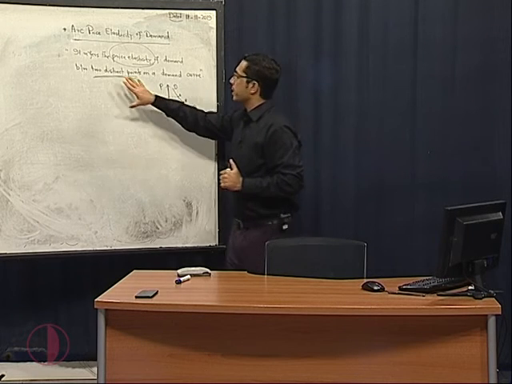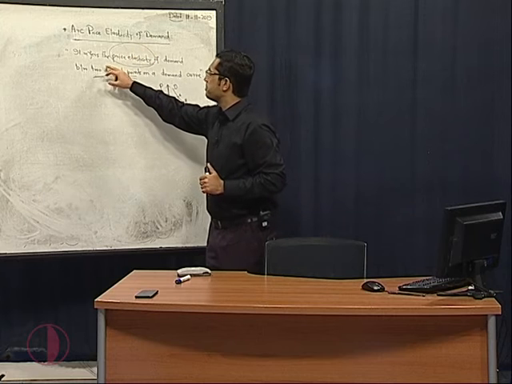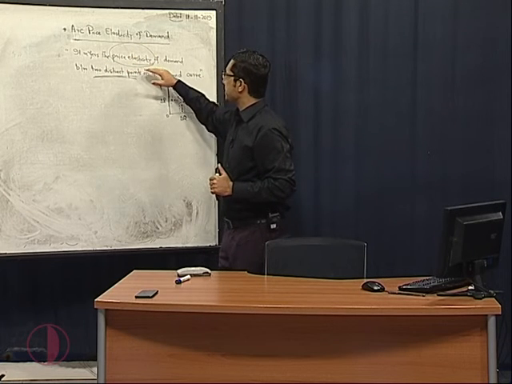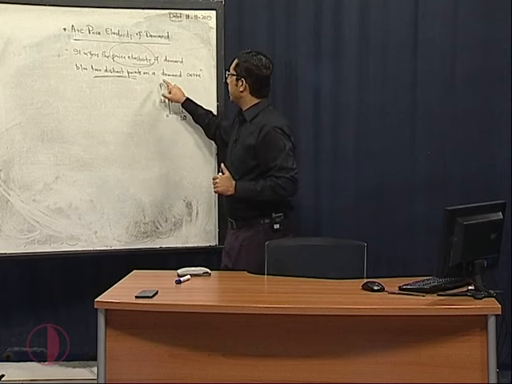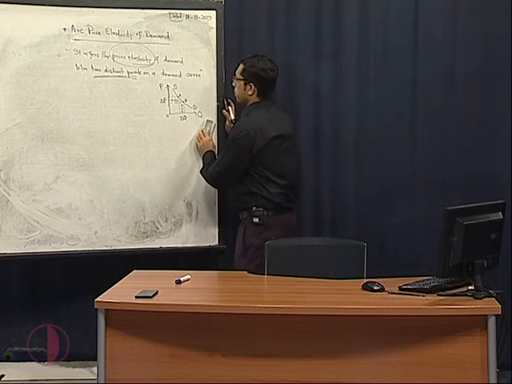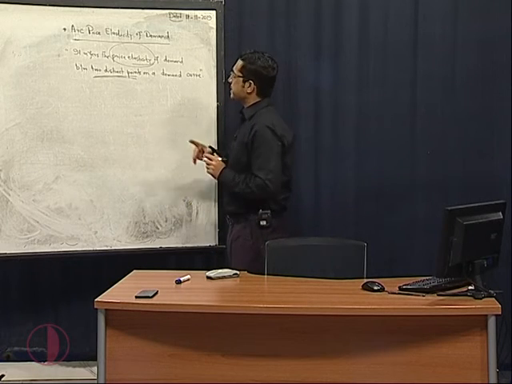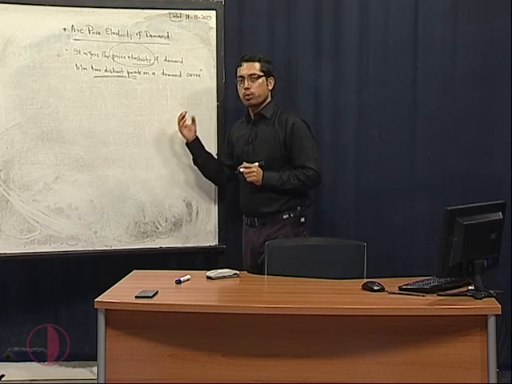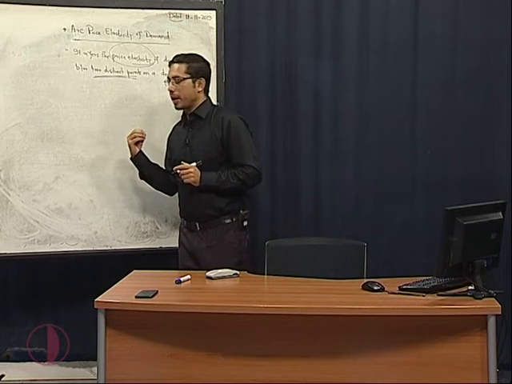That is why we say that the arc price elasticity of demand refers to the price elasticity of demand between two distinct points on a demand curve. This formula takes the averages of quantity demanded as well as prices.